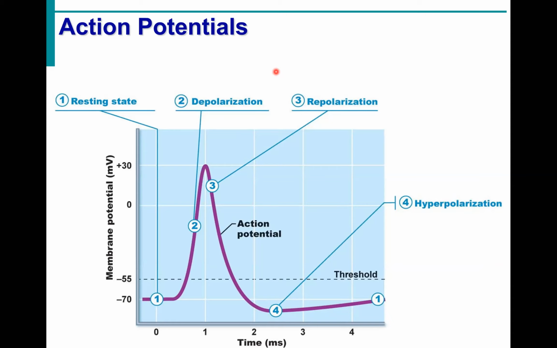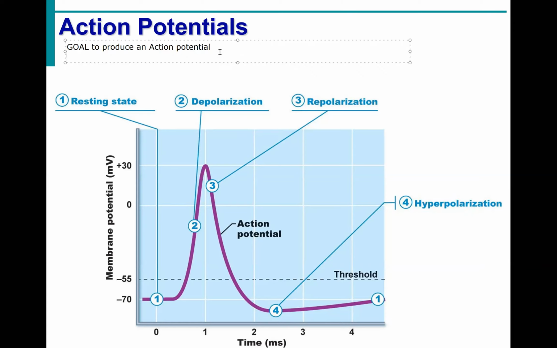Now, as I mentioned, our goal was to produce an action potential. And that is what we have done so far. That is what we've described. And as was mentioned, that is definitely one of the potential essay questions.